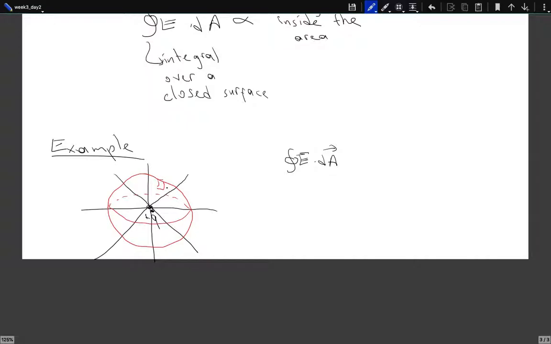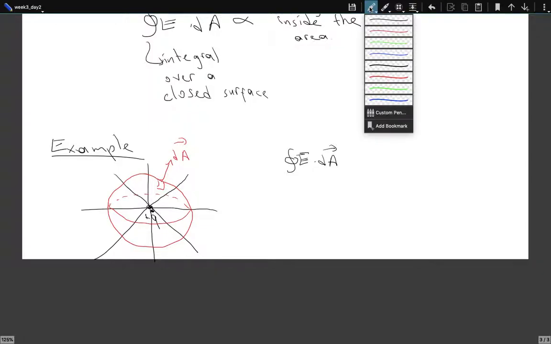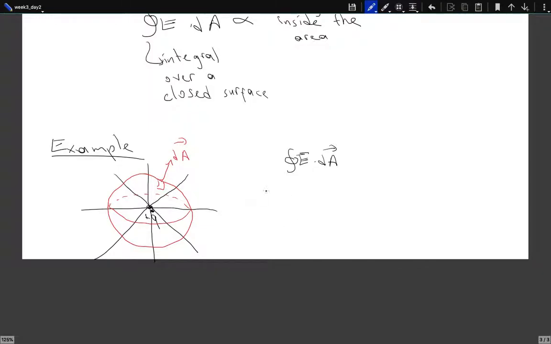First, we have to determine what is inside, what is outside. Well, I will just choose this to be inside. This is outside. So the dA vector should be pointing from inside to outside. So this is my dA vector. Now, the dA vector is pointing radially outward.